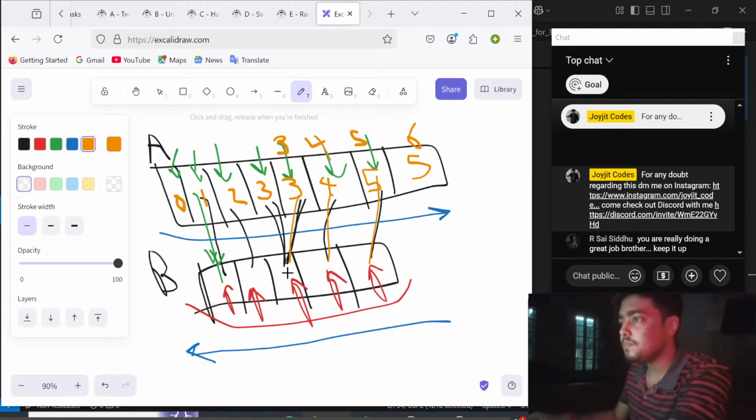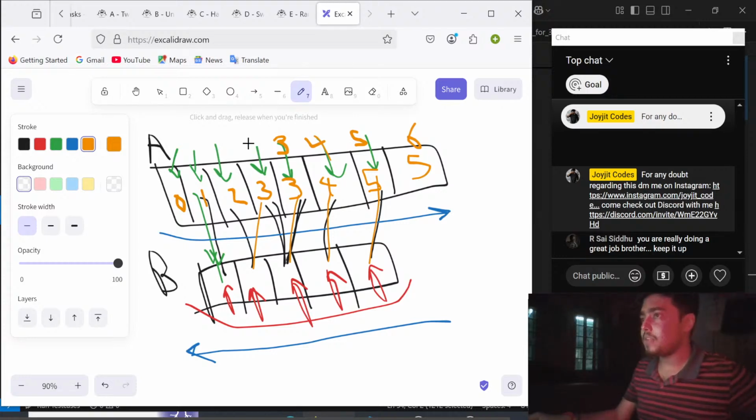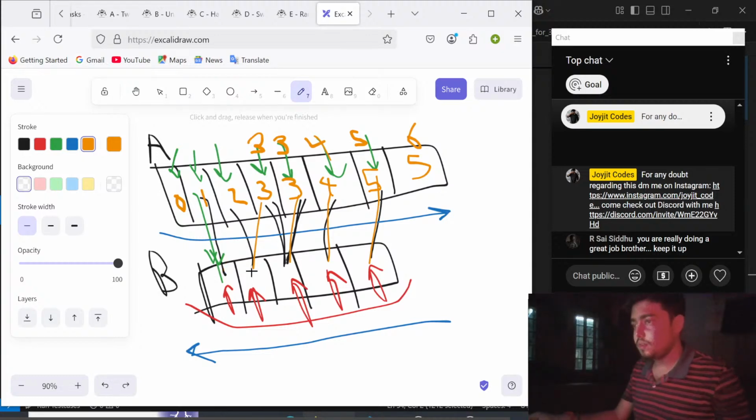Right? Now this doesn't match. Because the pointer is shifting. Okay. This doesn't match. So this remains 3. Now we come over here. Sorry, not over here. Now we check this. Now this matches. So it becomes 2. Now this matches. It becomes 1. And finally we have 0.